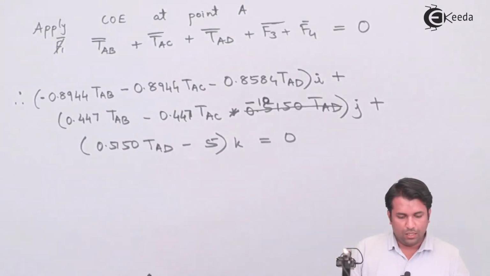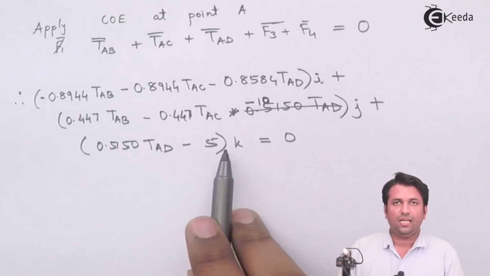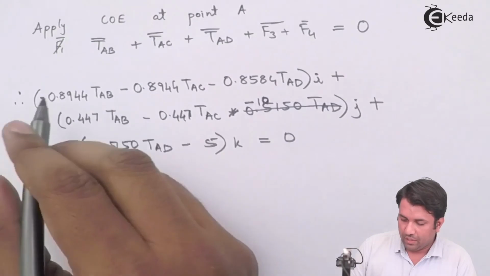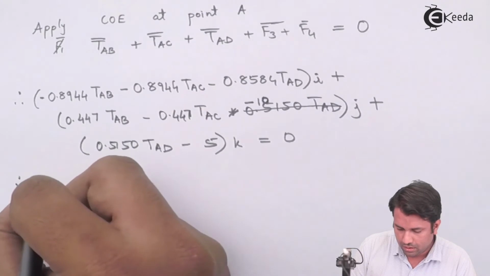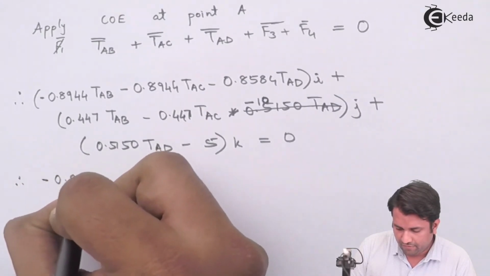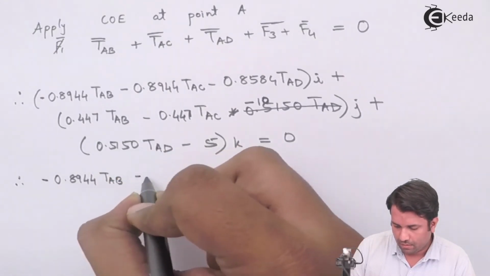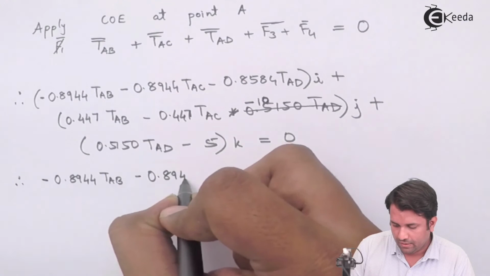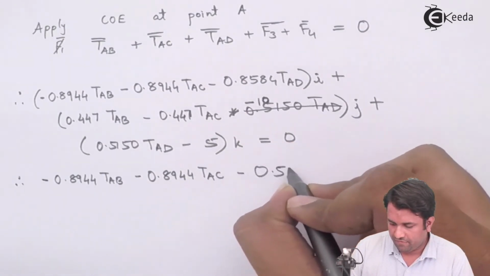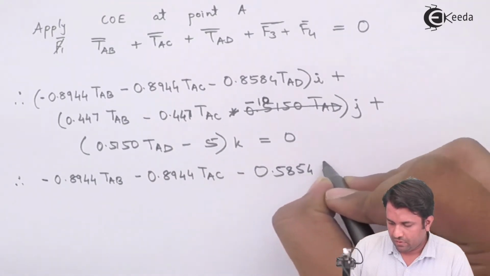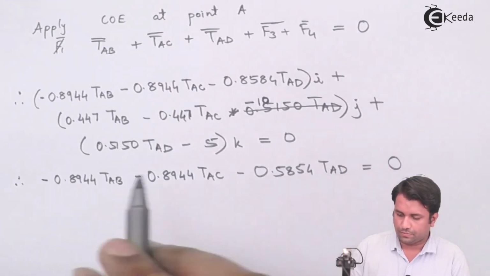So now what I can do is I can equate these equations for I, J and K equal to 0. So I'll get the equations as minus 0.8944 TAB minus 0.8944 TAC minus 0.58 TAD equal to 0.